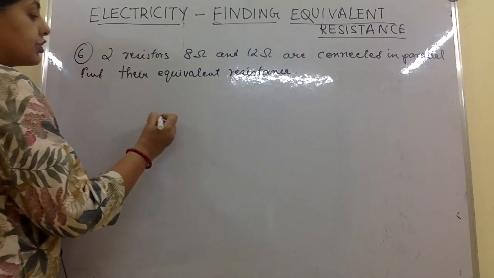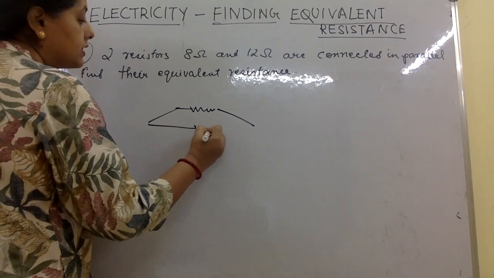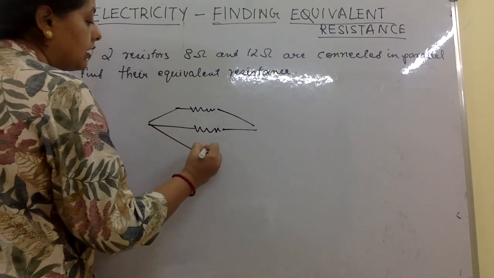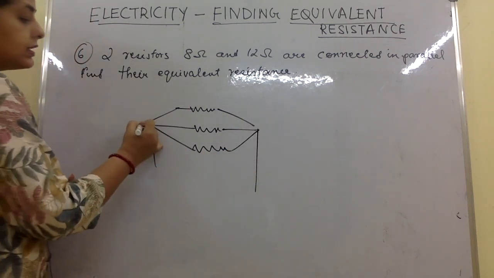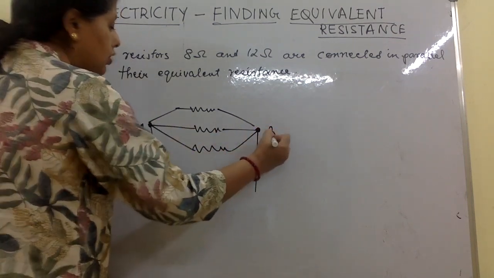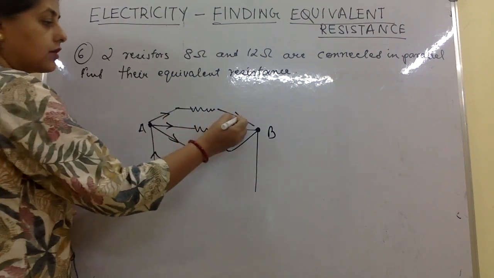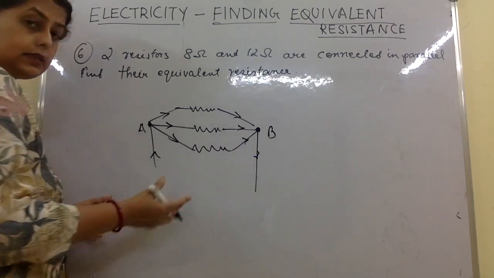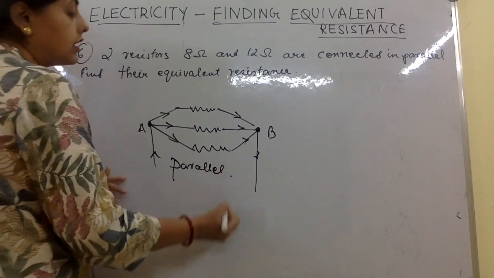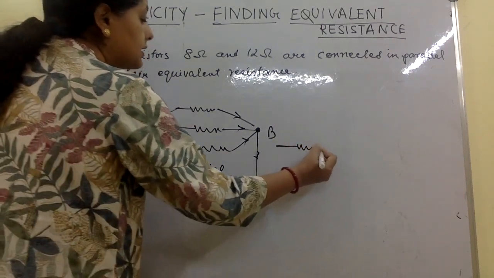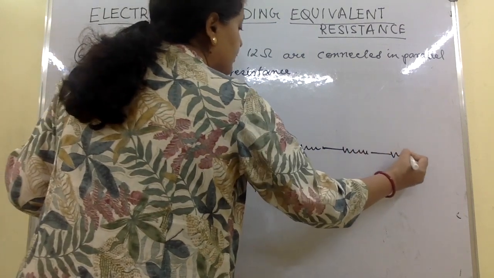A parallel connection is if there are many resistors, there can be any number of resistors, they are all connected like this. That means there are only two common junction points. Current goes here and then splits into three parts according to the resistances. This type of connection is parallel, whereas a series connection is this, where they connect the resistances one after the other.